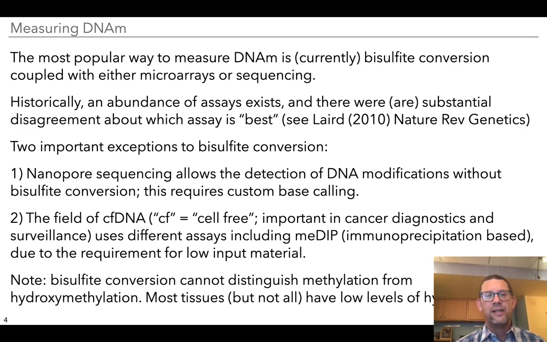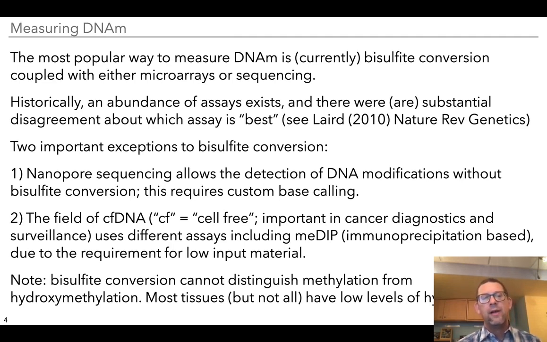First, third generation sequencing, specifically nanopore sequencing, but also PacBio sequencing, allows the detection of DNA modifications without bisulfite conversion. This typically requires a custom base caller. In the future, it's pretty clear that all nanopore DNA sequencing will result in DNA methylation calls being provided to the end user.